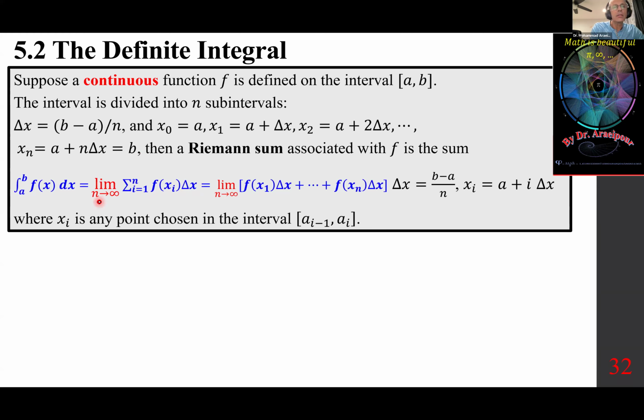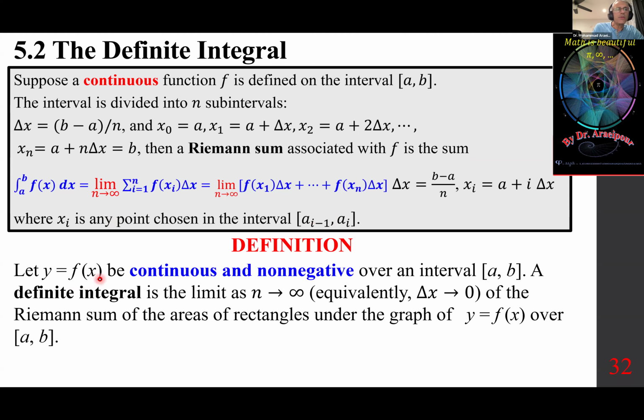In other words, the limit as n approaches infinity of the bracket f of x sub 1 delta x plus all the way to f of x sub n times delta x, where delta x is, of course, b minus a over n, and x sub i equals a plus i delta x. We had discussed this concept previously, where x sub i is any point chosen in the interval of a sub i minus 1 and a sub i.